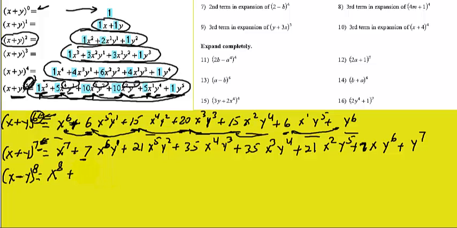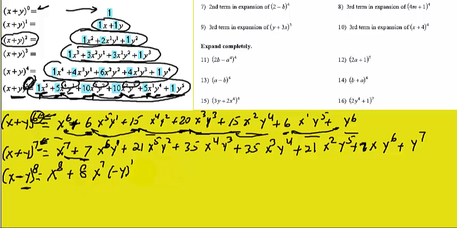Okay, so now I'm going to get 7 plus 1, which is 8. I got x to the 7th, negative y to the 1st, because y is negative. Now, if you didn't want to do that, then you can just alternate signs, plus, minus, plus, minus, plus, minus.